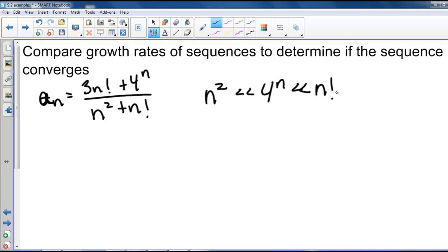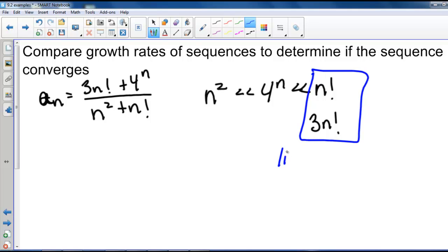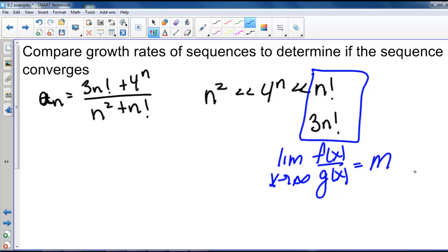And 3n factorial is in this same class, because if you remember from Calculus 1, if the limit as x goes to infinity of f of x over g of x equals a constant, then they're in the same growth rate class. So n factorial is our largest growth rate term.